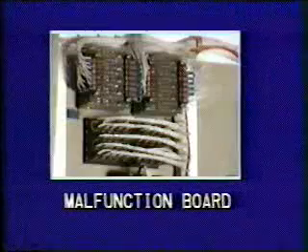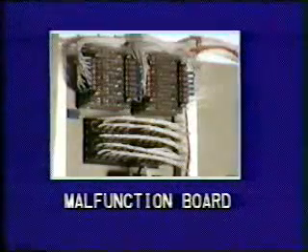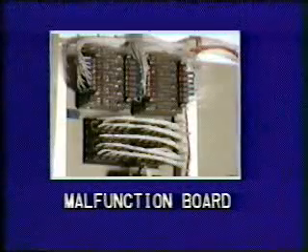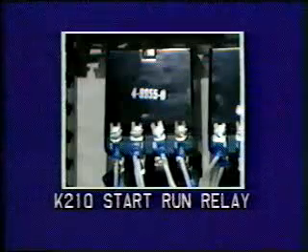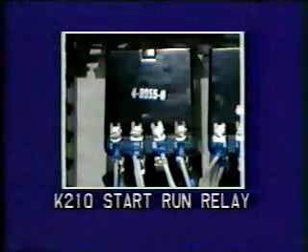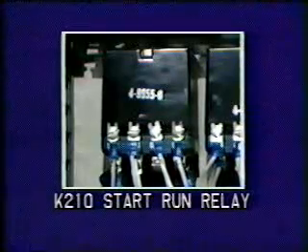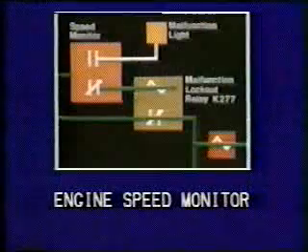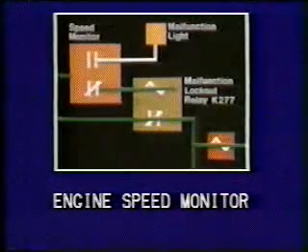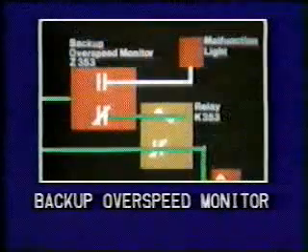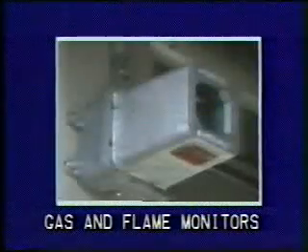Each of the monitoring devices is connected to a malfunction board that will illuminate a malfunction light indicating the cause of the shutdown. If a malfunction should occur, the K210 start-run relays will drop out, causing the engine to shut down. The speed system includes an overspeed shutdown in the engine speed monitor and a second system in the backup overspeed monitor.